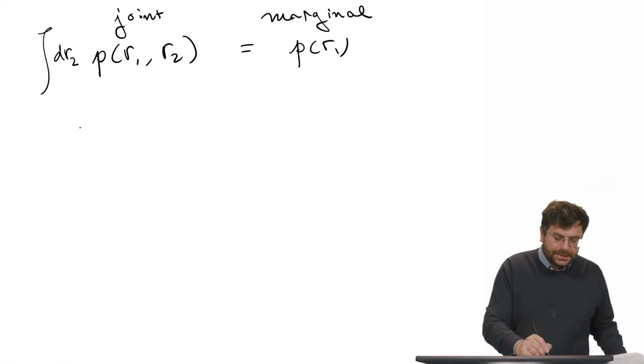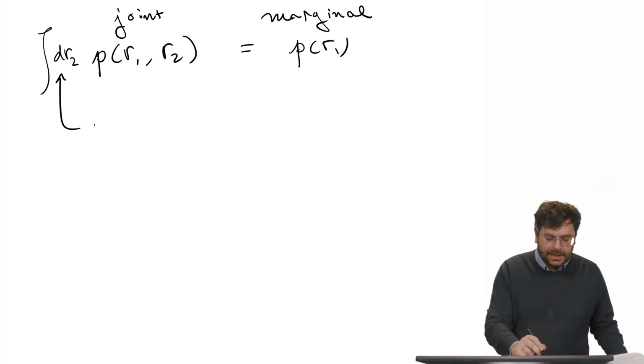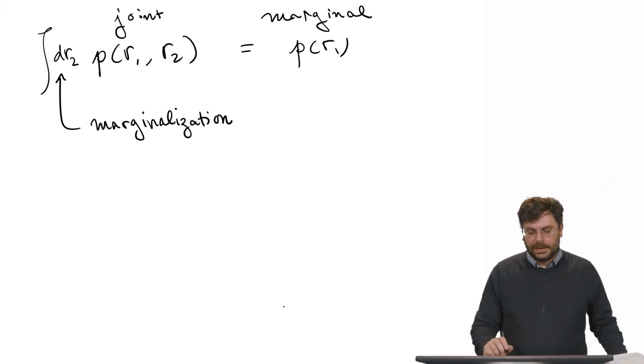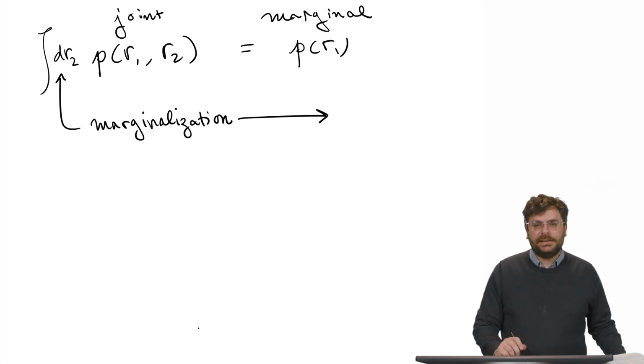The process of integrating over R2 sometimes is given a specific name, and it's called the process of marginalization. So in other words, going from here to here is called marginalization.